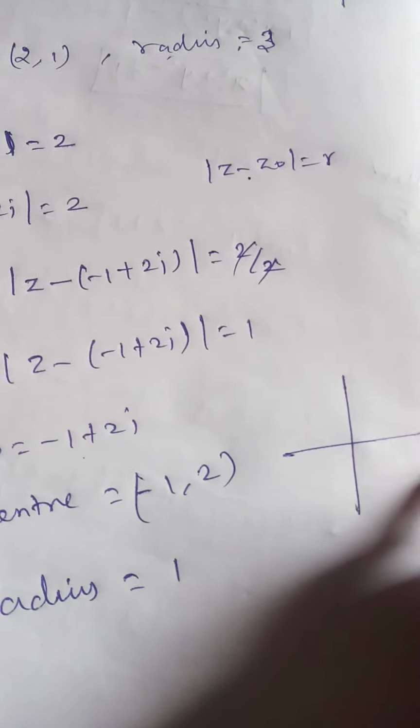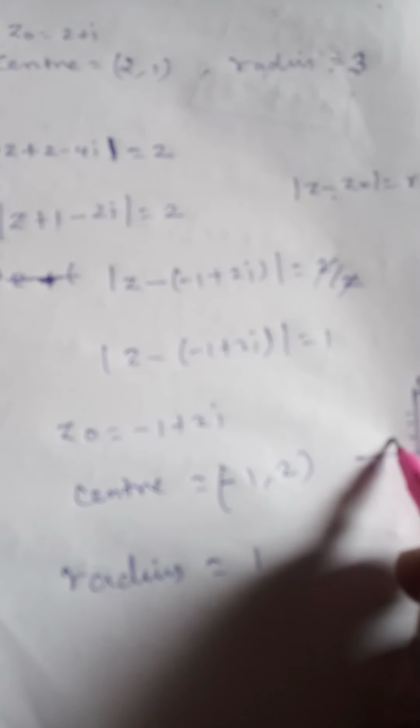Now represent the circle with real and imaginary axes. Mark 1, 2, 3, minus 1, minus 2, and locate (minus 1, 2) as the center.